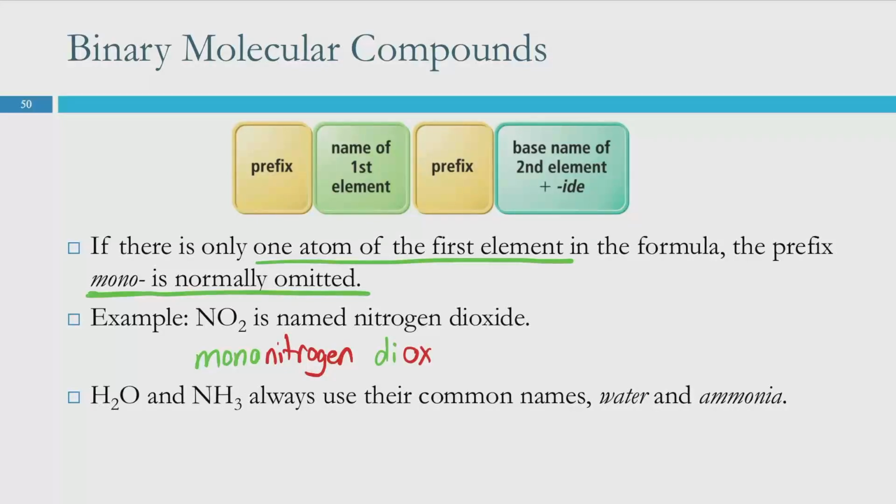The base for oxygen is ox, and we change the ending to IDE. We do have to remove that mono in front, though. We omit that. Chemists like to save time and space, even if it's insubstantial. So if there's no prefix on the first one, we assume that it's 1. H2O and NH3, we're going to generally use their common names, water and ammonia.